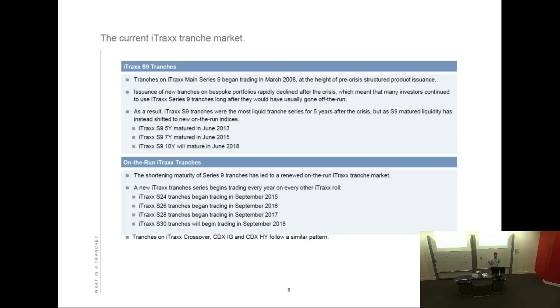It's just that even its 10-year maturity is going to mature in June this year, and then we'll only be trading on the run iTraxx tranches. And tranches roll once a year, not like the index every 6 months. So in a way, we skip every other index roll and only introduce new tranches on the even numbers of index series, just to bundle the liquidity a bit better.